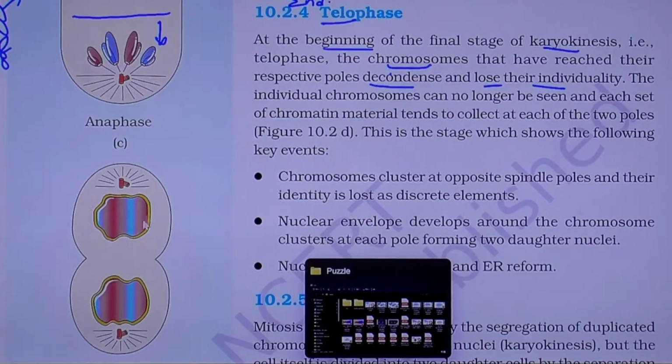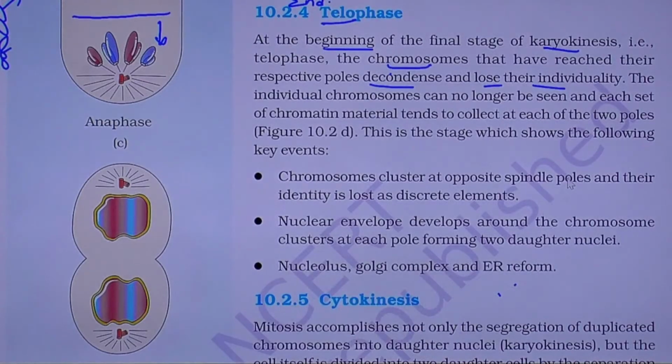See here, it will not be condensed. This telophase has decondensed DNA, that is chromosomes, the genetic material. The individual chromosomes can no longer be seen, and each set of chromatin material tends to collect at each of the two poles.